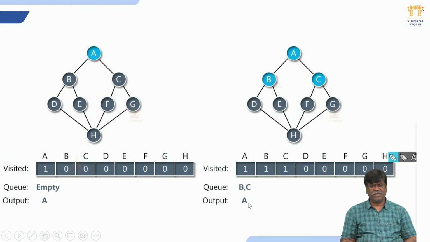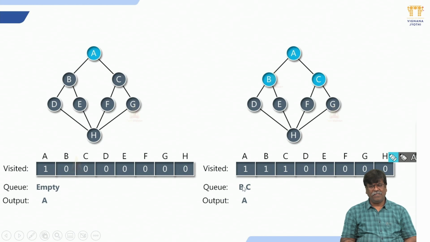And A you can put into the BFS output. A is there, and in the queue I am having B and C. And coming to the visited list, already I visited A, B, C.